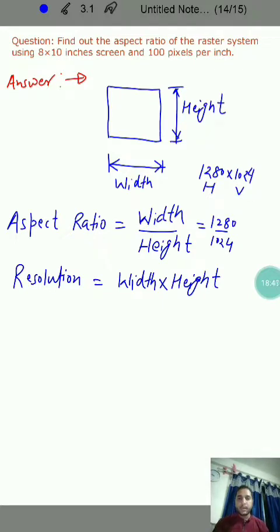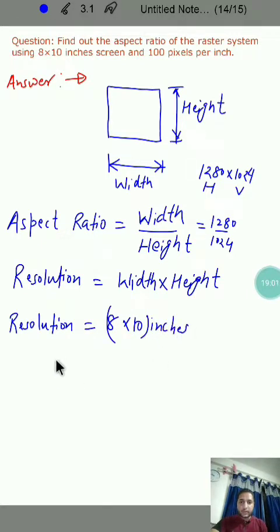Okay, and now let us find out the aspect ratio of the raster system using 8 into 10 inches. So the size is given in this question in inches. Just like we did in the previous question, convert it into pixels.